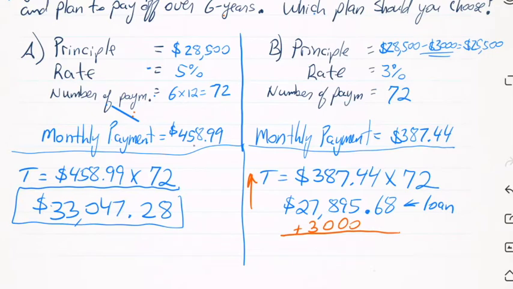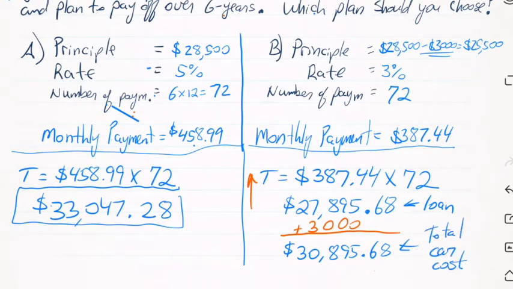So the amount of money you paid for this car is $30,895.68. This is the total for the car. And that is still better than $33,000. So Plan B, even though you made a down payment in the beginning and reduced your interest, saved you money in the long run.